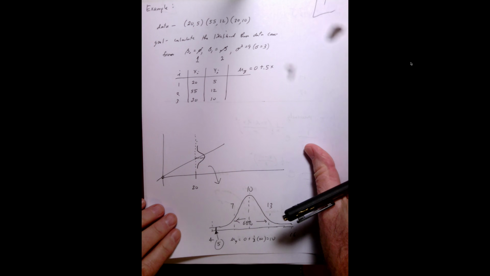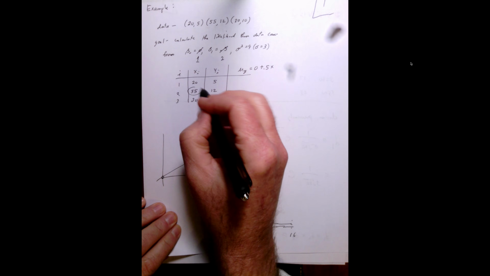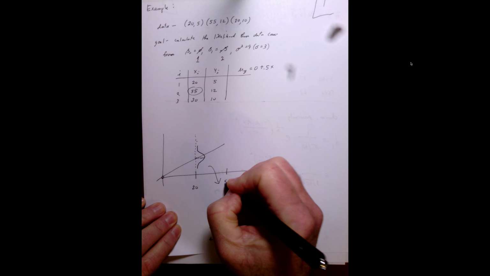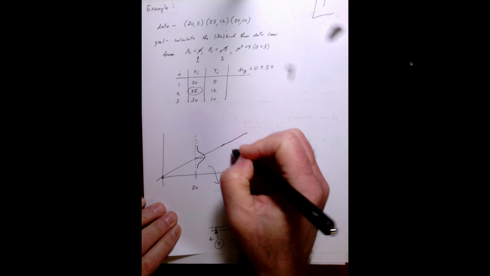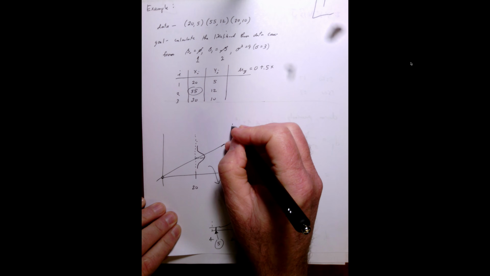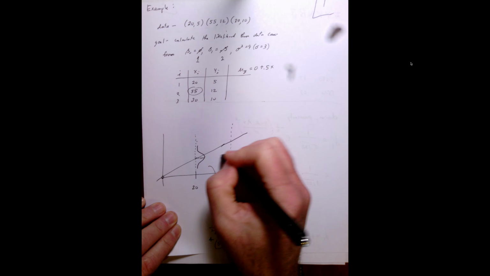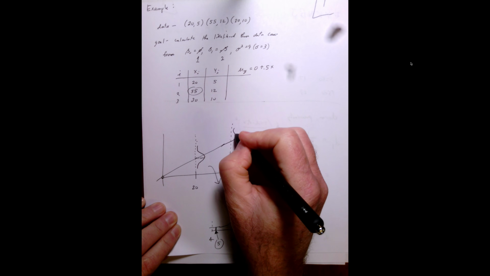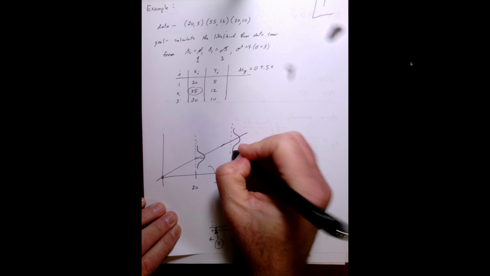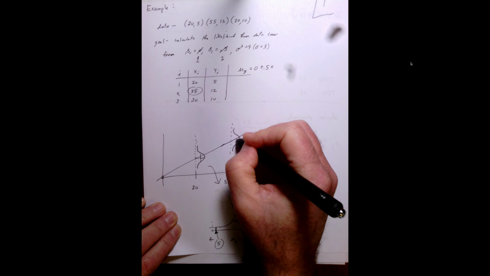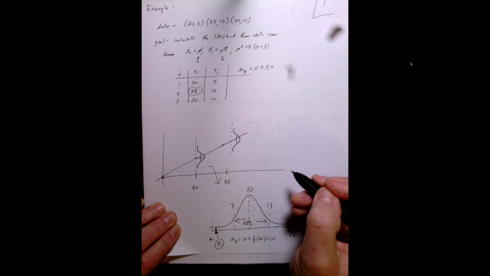That tells us that if we go back here, at this 55, which would be out here someplace, this distribution is going to have the same variance as with x equal 20.